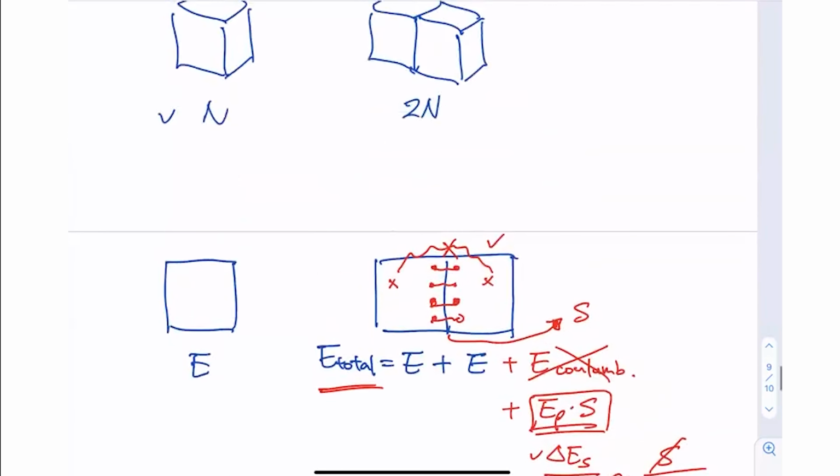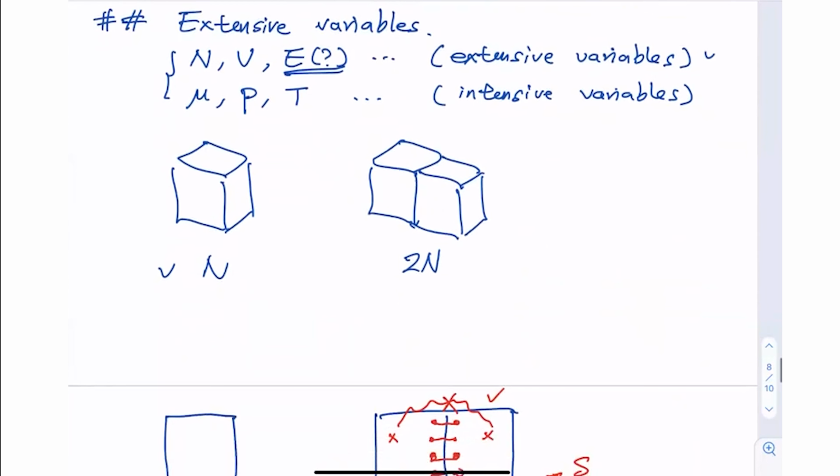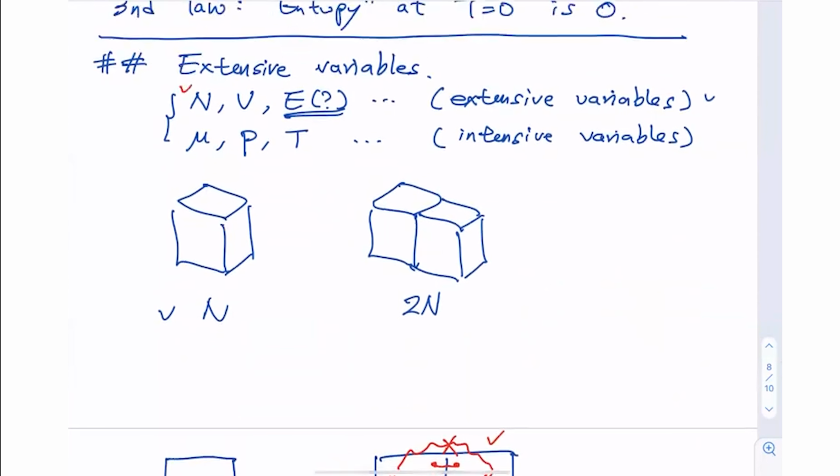Okay, so now we have a rough understanding about what the extensive variables are, and what we are going to discuss next is what we mean by intensive variables. Usually those intensive variables are formed by differentiation of two extensive variables.